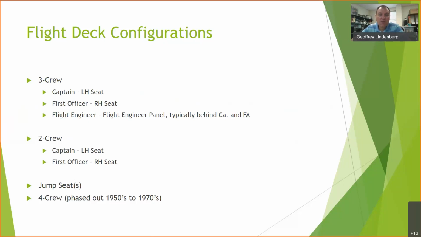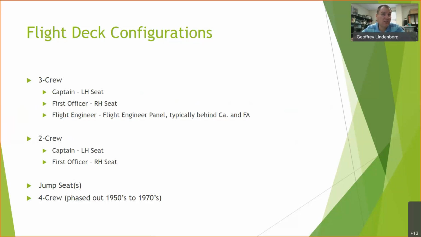So the first time a flight crew on a transport category aircraft flies an actual airplane, there are going to be passengers in the seats or cargo loaded. But they do have to have the check ride. So that extra seat, the jump seat, they're not considered crew members, but they are in the flight deck.